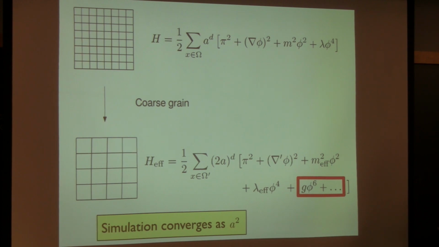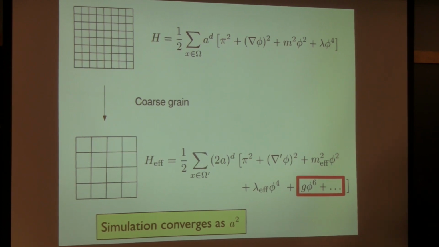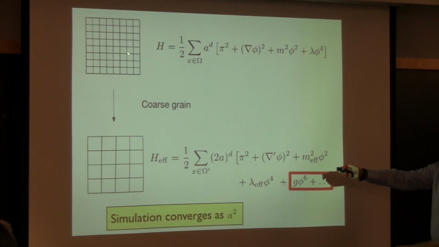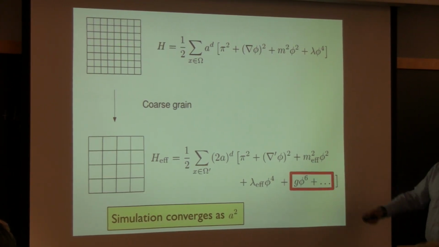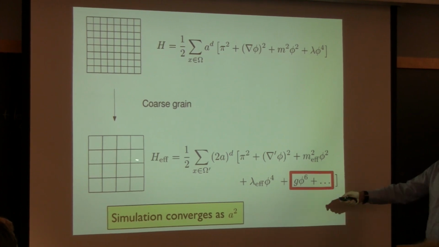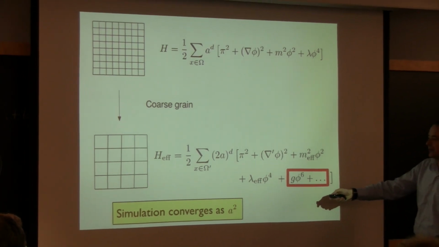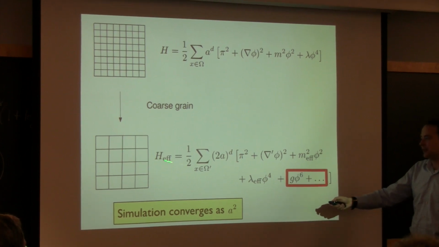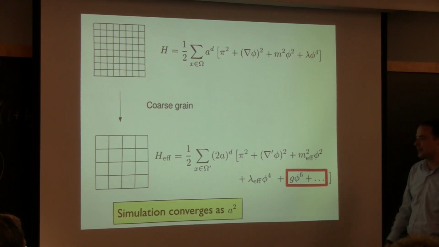You can also, of course, view this process the other direction. You can start with a theory on some finer lattice, integrate out, in some sense, some of the degrees of freedom, and obtain some effective theory, some Hamiltonian describing the dynamics on a longer length scale by some corresponding effective Hamiltonian on this coarser lattice.